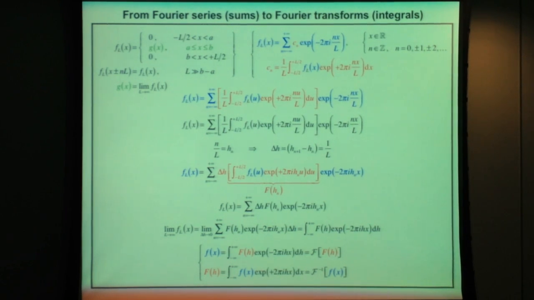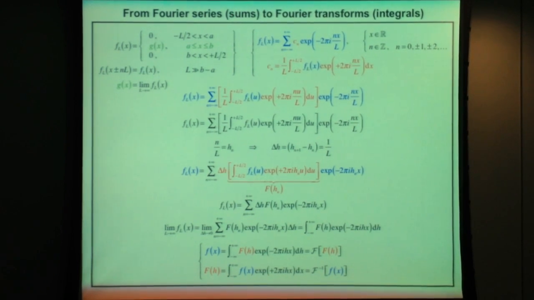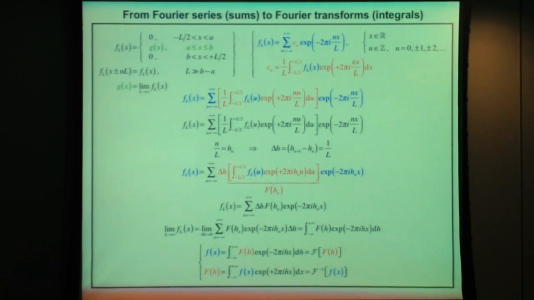This is just a little summary of what was on the preceding slide, getting from the Fourier series, an infinite series summation, to Fourier transforms, the integrals. And these are the steps that we took, just to summarize.